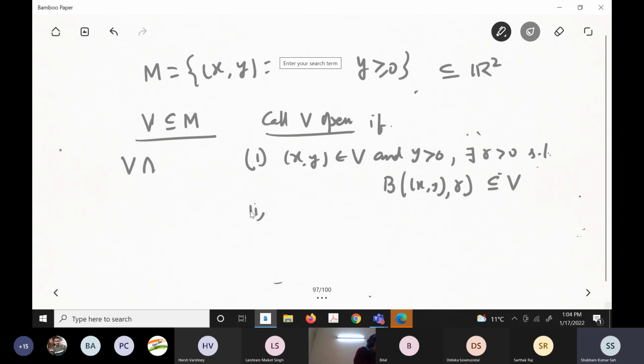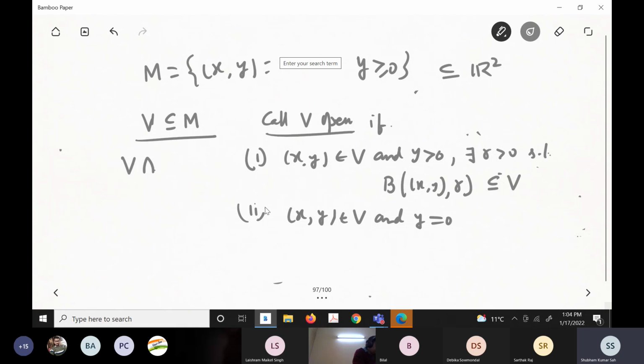Two, if (x, y) belongs to phi, it may not be there, and y equal to 0. Then look, what I am going to do.